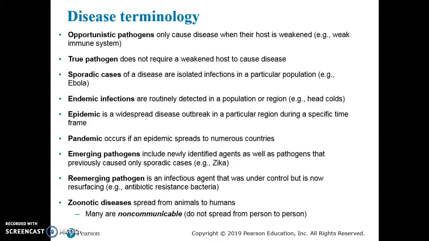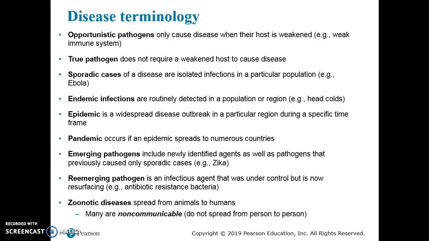A true pathogen does not require the host to be weakened in their immune system and can cause the disease in any circumstance. So that would be like Ebola. You expose someone to Ebola, give them a direct inoculant with the virus, and they're going to get sick.